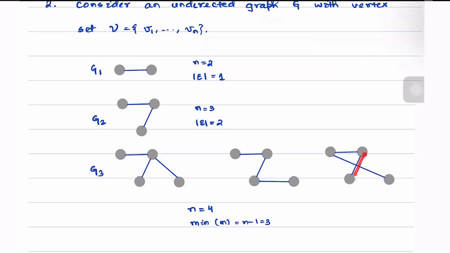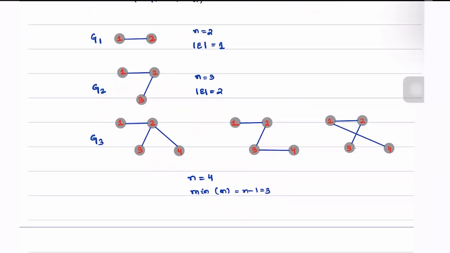We see that we could traverse this graph. Let's also keep adding the node numbers. Then we see that in each case, there are just 3 edges which are required to make this graph connected.